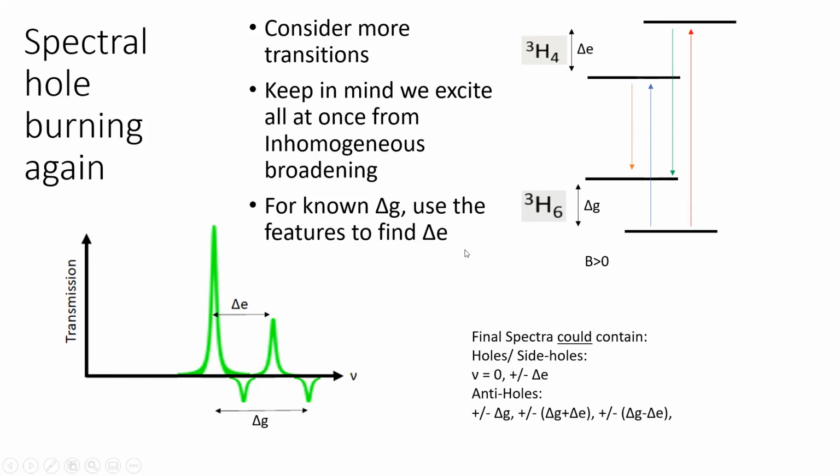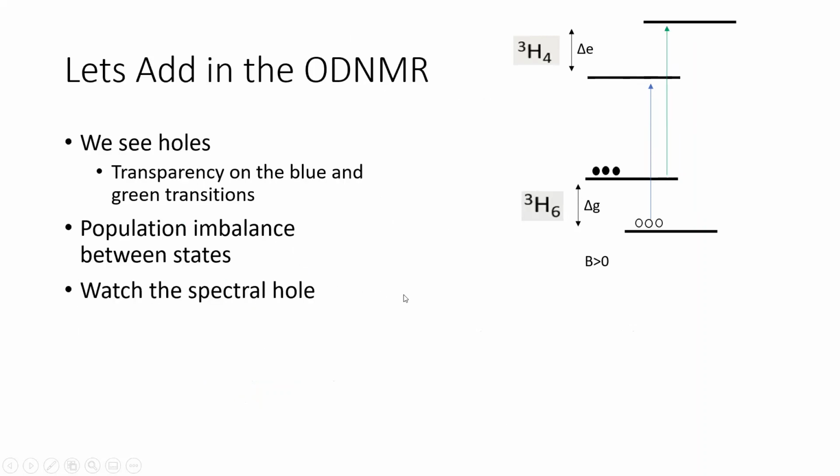And we can see this by keeping an eye on the transmission or the transparency of the rare earth isotope sample at each of these frequencies. Okay, let's add another layer.